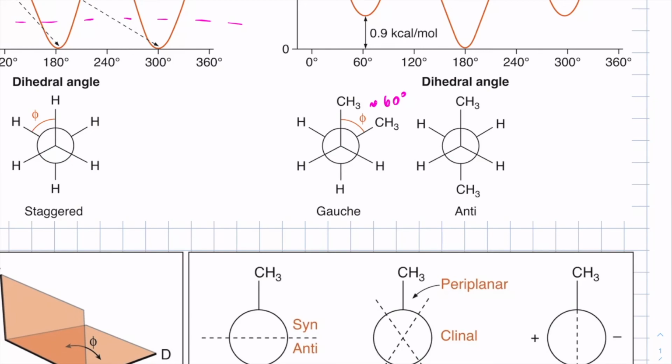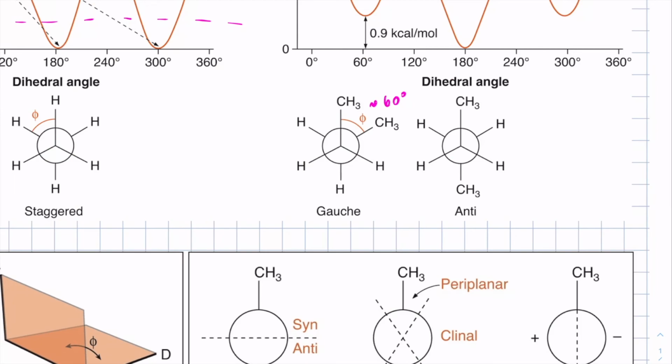Here's a term that you've talked about before, I think, because in 351 or 2, we talked about elimination requiring an anti-periplanar arrangement of beta proton and leaving group. Periplanar means in the same plane. Anti tells you it's opposite. You could be syn periplanar, but anti-periplanar.